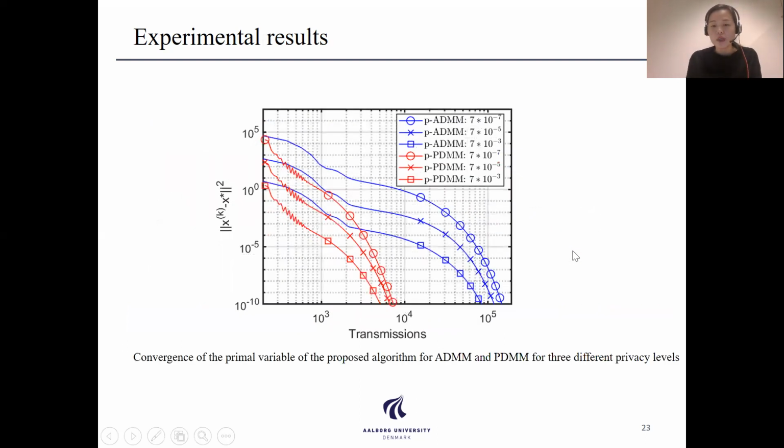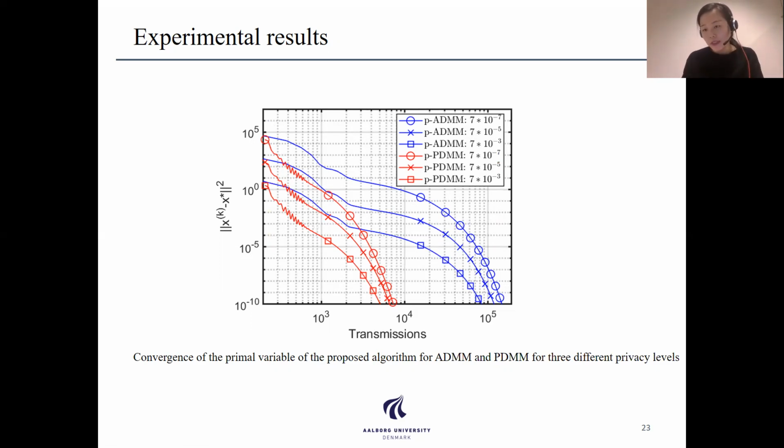In addition, we try to see how different noises affect the result, since the more noise we insert, the more privacy we have, right? So here we try three different privacy levels, which means we use different noise variances to initialize this dual variable. We can see that in every case, x will converge to its optimum value.